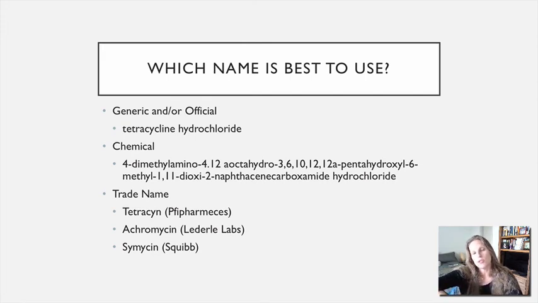Then you want to use the brand name, and you would want to specify at that point that you don't want to substitute it, right? That you want it to be dispensed as written. But in most cases, once a patent expires then the drug will be referred to by the majority of the people by the generic/official name.